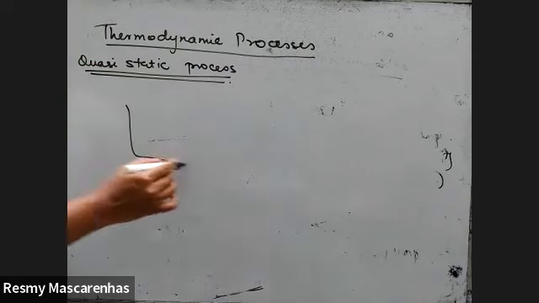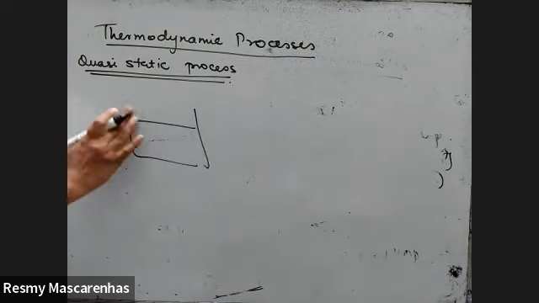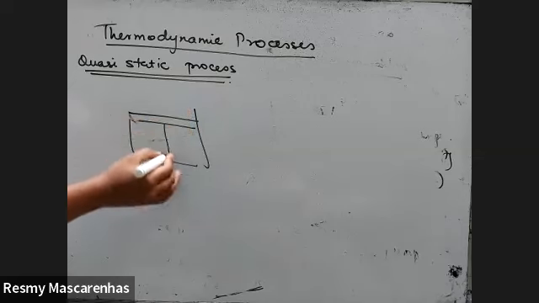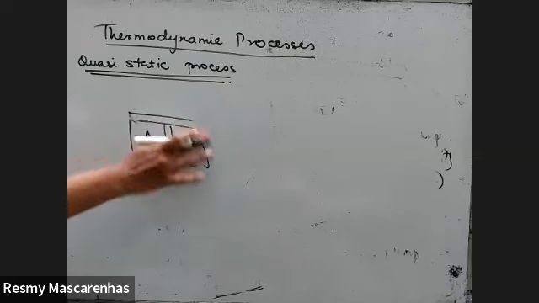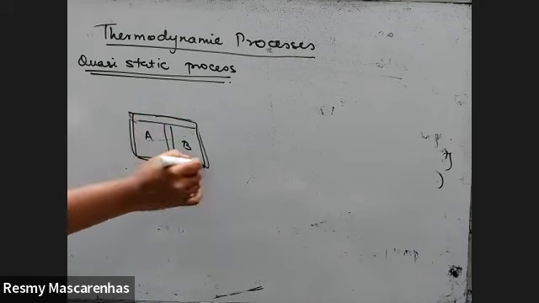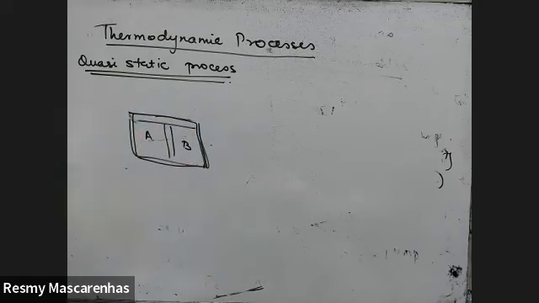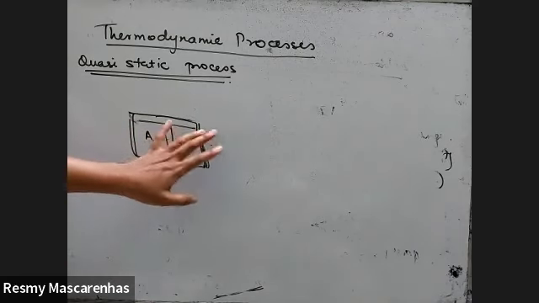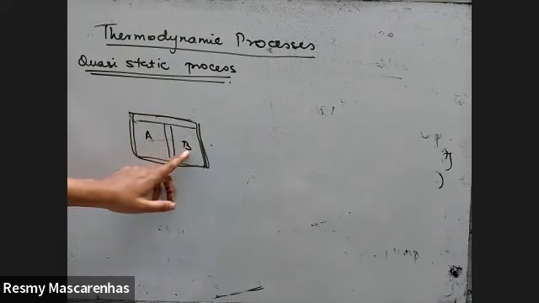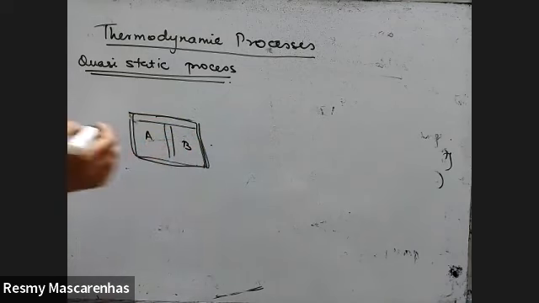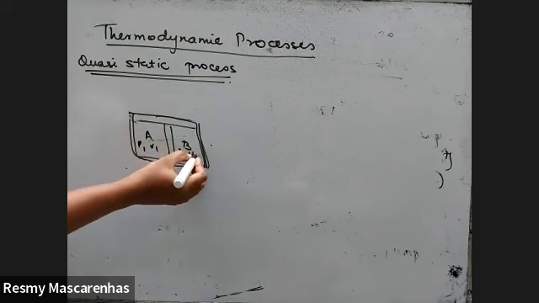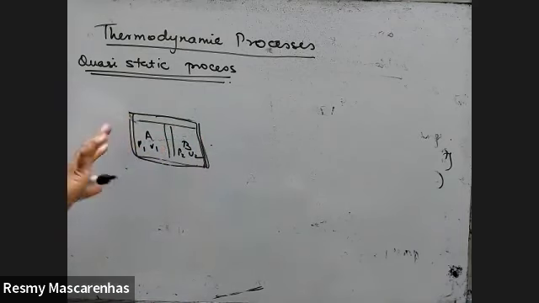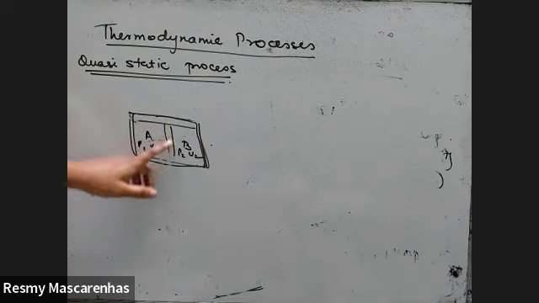I told you last time, suppose you have any system A and B, isolated from the surroundings, or you are putting something adiabatic and isolating it from the surroundings. Now what is going to happen? Whatever variables they have will never change. If you put one at P1, V1 and the other at P2, V2, they might be different, but as long as the wall is not removed, they will remain in their own state.